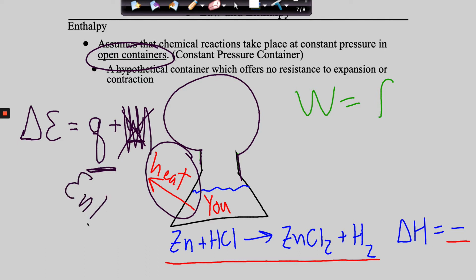But now we change the name and we call it enthalpy. Guys, that's all enthalpy is. Enthalpy is the exchange of heat in an environment where you can't do work. Again, enthalpy is exchange of heat in an environment where you can't do work.